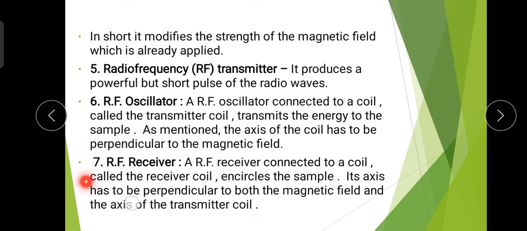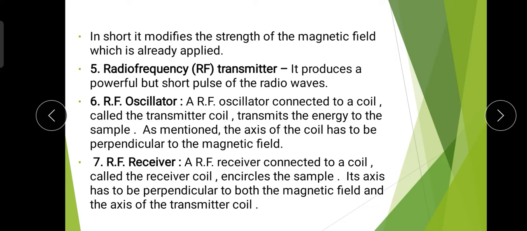Now the seventh part of the NMR instrument is the RF receiver, that is the radio frequency receiver. An RF receiver connected to a coil called the receiver coil encircles the sample, and its axis has to be perpendicular to both the magnetic field and the axis of the transmitter coil. The RF receiver is again connected to a coil, which is therefore called the receiver coil, and it encircles the sample.